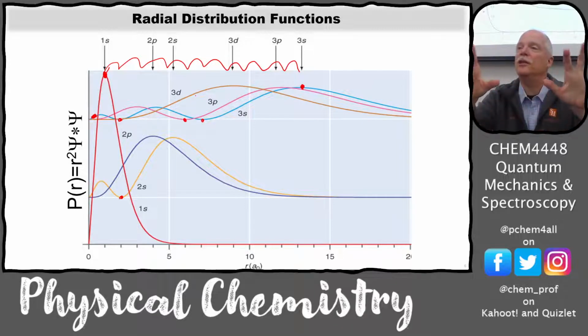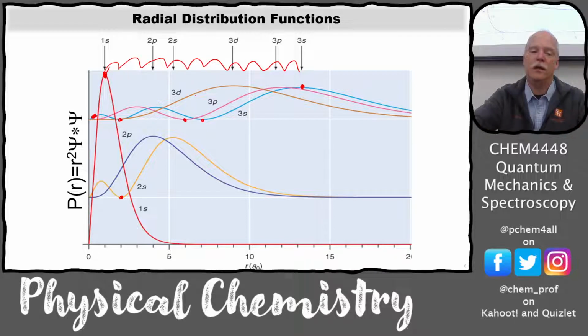But here's the principle that you can remember. The first available orbital of that type, so the first s orbital, the first p orbital, the first d orbital, those have 0 radial nodes. Okay. So I'll circle those, the 1s, the 2p, and the 3d.